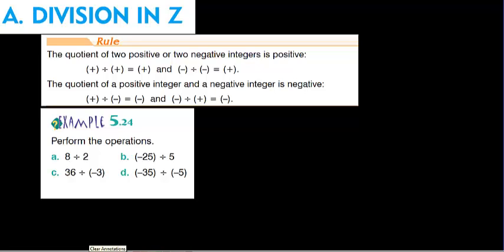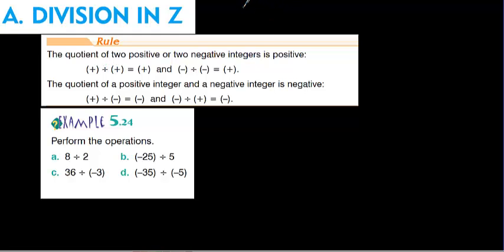Division in Z is going to be similar to multiplication. Before dividing the terms, we are going to divide the signs, and it's the same as with multiplication.